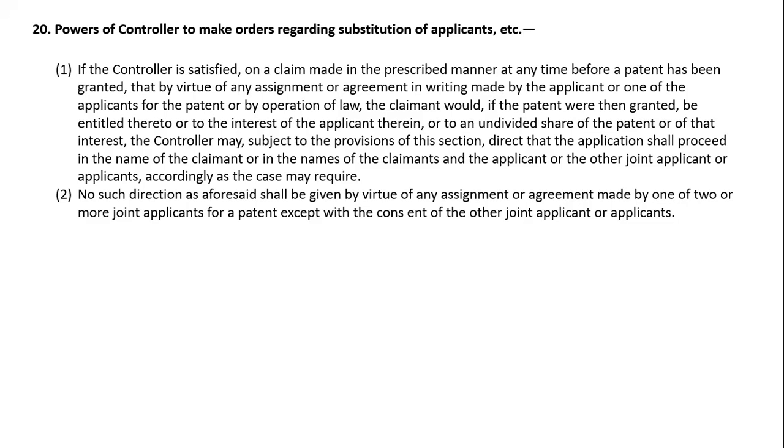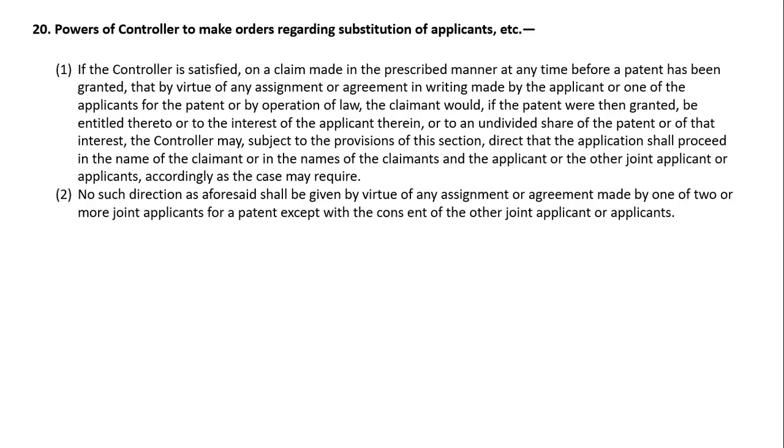So first it says that if the controller is satisfied on a claim made in the prescribed manner at any time before a patent has been granted. Remember these things: before a patent has been granted, that by virtue of an assignment or agreement in writing made by the applicant or one of the applicants of the patent, or by operation of law, the claimant would, if the patent were then granted, be entitled thereto, or to the interest of the applicant therein, or to an undivided share of the patent or of the interest.